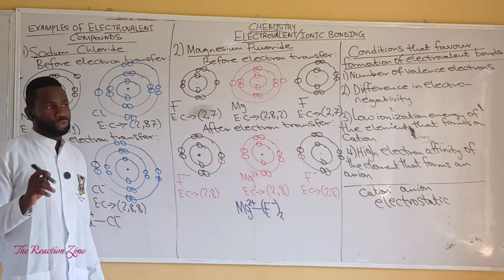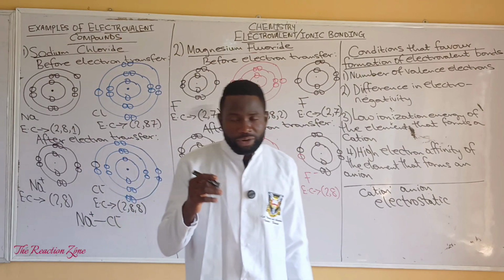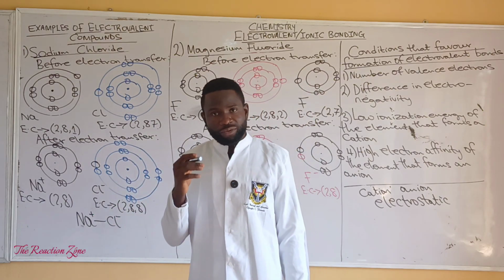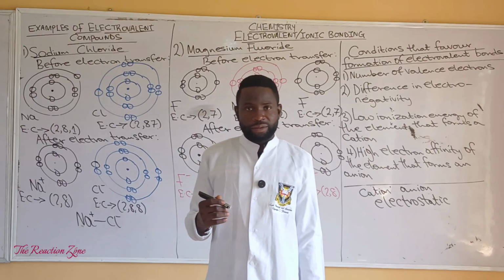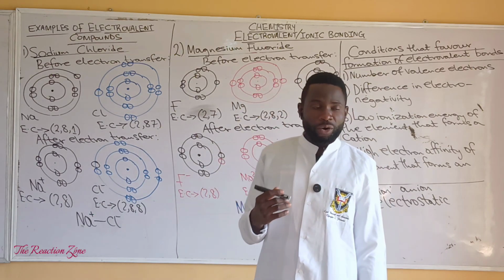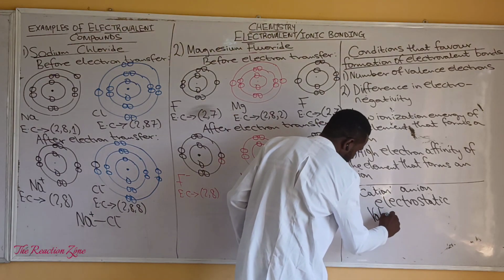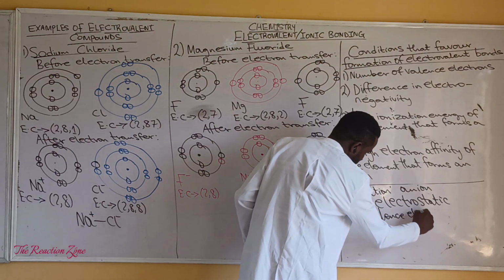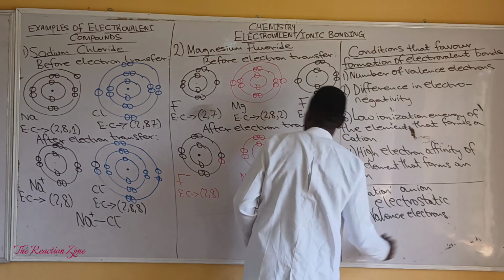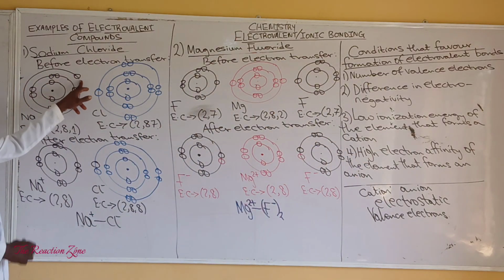It is important to note that during chemical bonding, it is only the electrons in the outermost electron shell that participate. These electrons are called valence electrons. So, from this diagram, it is clear that sodium has only one valence electron.